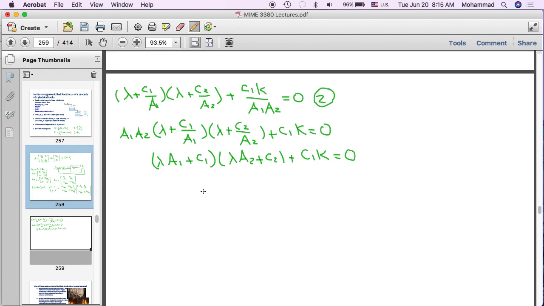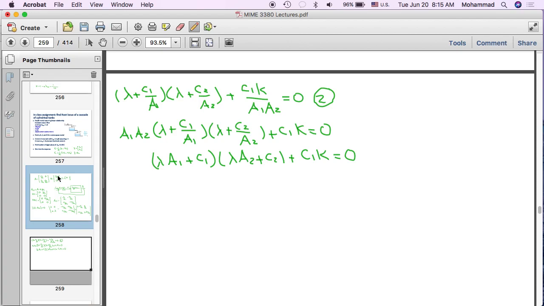So we didn't quite carry out the multiplication. No, I think we didn't carry out this multiplication. So this is coming from where we did it with a transfer function. So let's go ahead and carry out this multiplication.